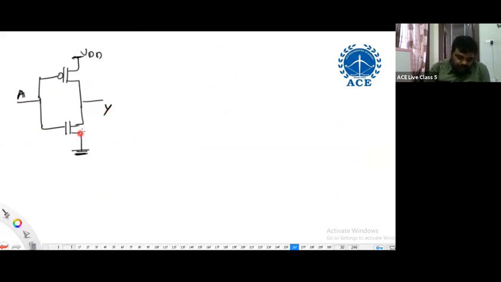Let us see. This is NMOS, this is PMOS. If A is zero, this MOSFET will be off. Am I right? As it is zero, this P-channel MOSFET is on.